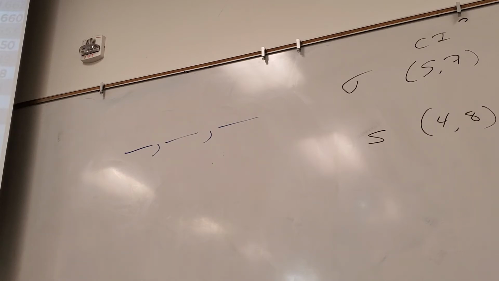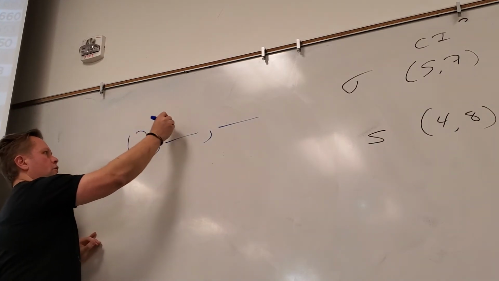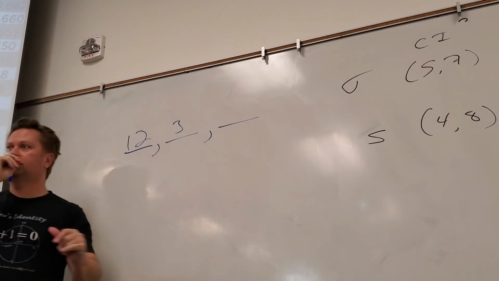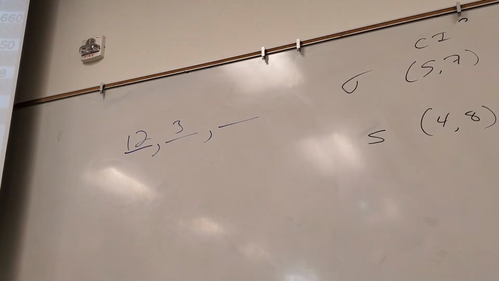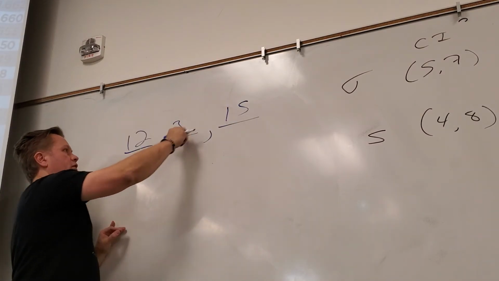It's sort of like what I did with the probabilities too. I got to the end and then I stopped and it was, oh, I have to make it become 1 now. Same idea. So I can just make this up totally: 12, 3, and then I go, oh, now I have to make it add up to be 30. So what's the last number got to be? 15. So if you average 12, 3, and 15, yeah, it's crazy.